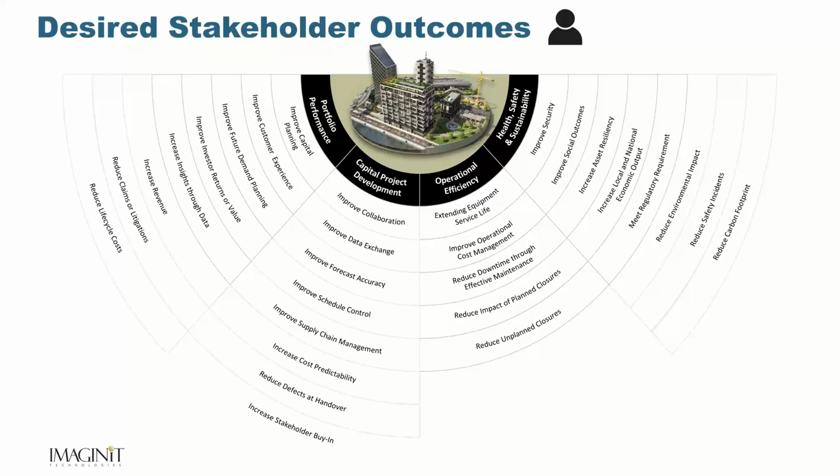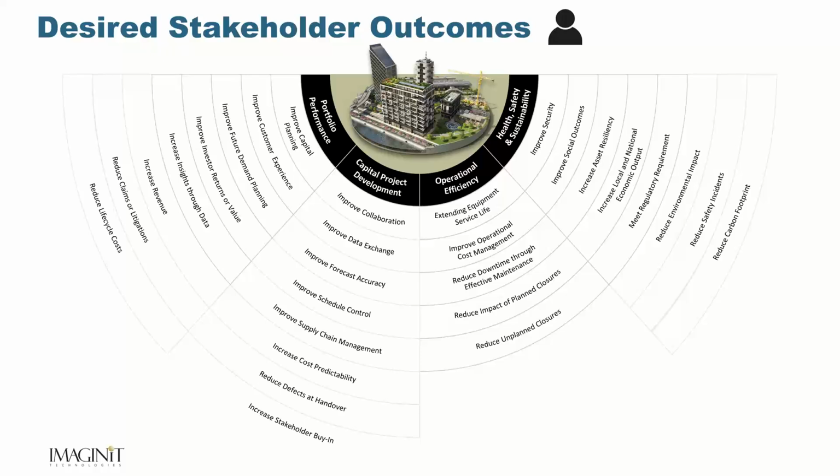Ultimately, with the proper planning and with putting in the time to achieve data that can populate a digital twin and is operable in operations, that can deliver some of these desired outcomes.